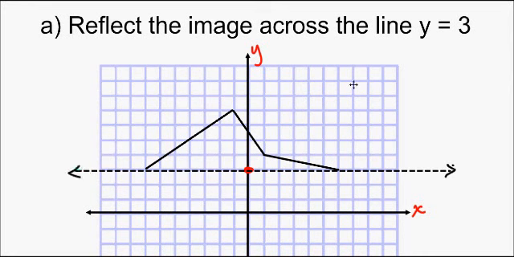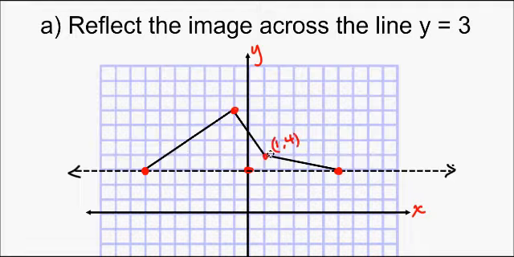Okay, so remember, if a point is on the line of reflection, then the pre-image and the image are the same. So I know that those two are going to be the same. And now I'm going to look at my other points here and here. And I'm going to start with this one. I see that my point is at (1, 4).